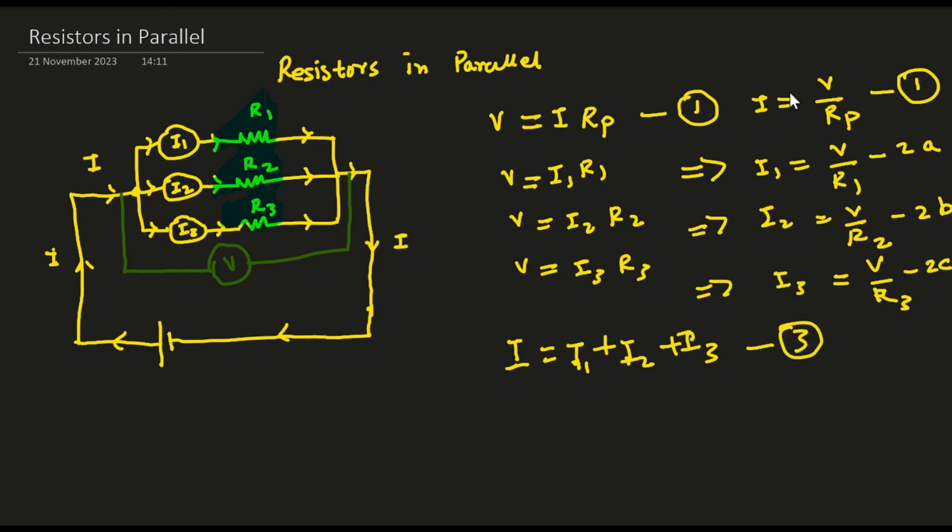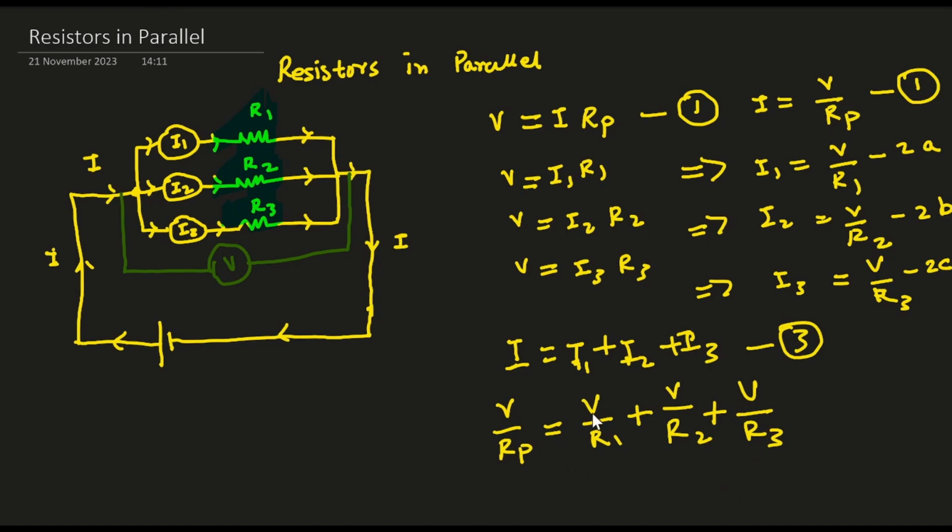Now, if we substitute equation number 1 and equations 2A, 2B and 2C in equation number 3, we will get V divided by Rp is equal to V divided by R1, because I1 is V divided by R1, plus V divided by R2, because I2 is V divided by R2, plus V divided by R3.